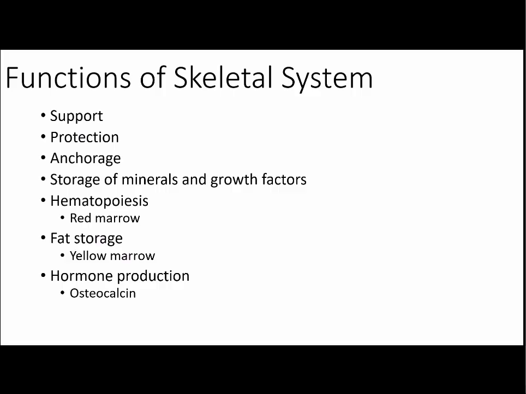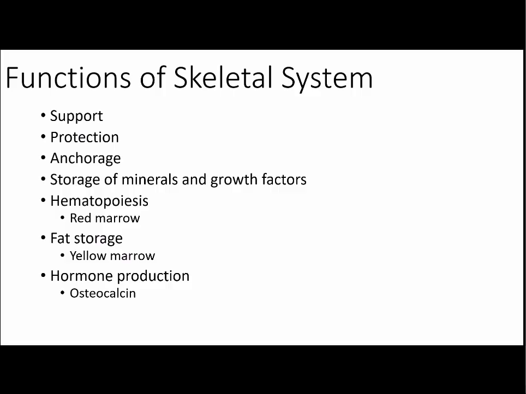In addition to the support, protection, and anchorage, your skeletal system actually stores some minerals and growth factors. So it provides a reservoir of minerals. The main ones that we would think about here are calcium and phosphate.